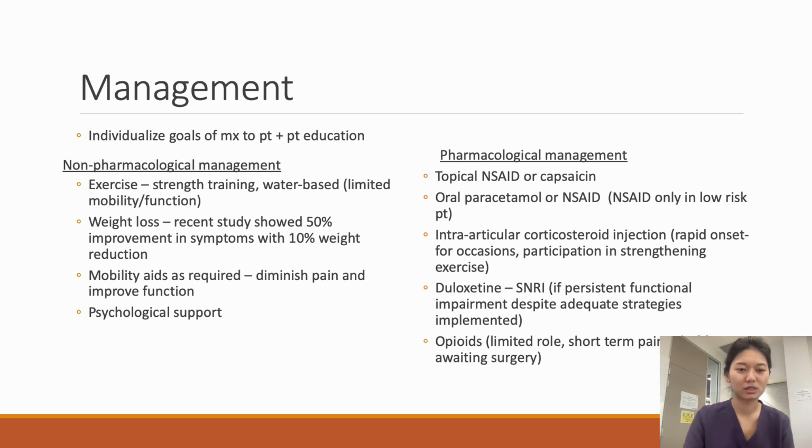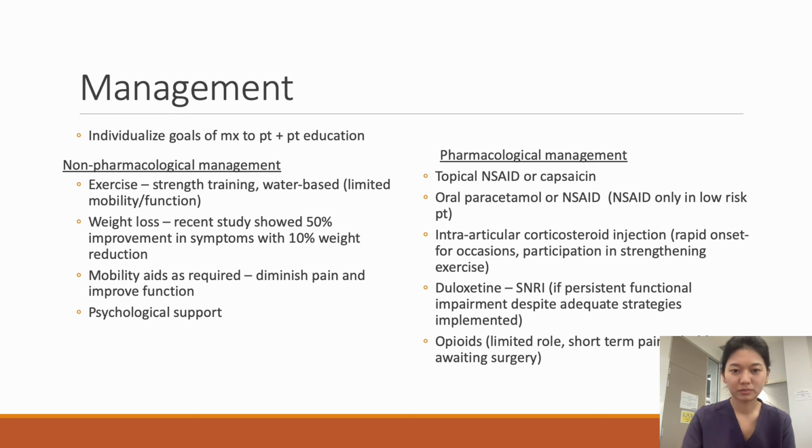One of the risk factors was muscle weakness, so you want to strengthen those muscles. Another option is to lose some weight. A recent study has shown 50% improvement in symptoms with 10% weight loss. Mobility aids as required essentially reduce pain and improve function, and some psychological support as well, just because it's a chronic disease.